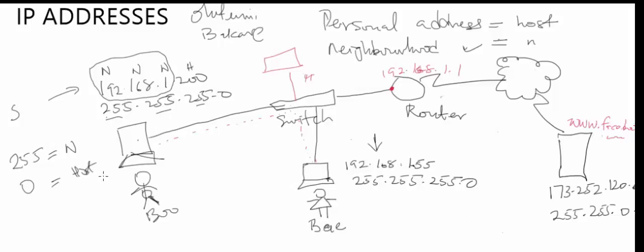So going back to our theory, the destination IP address in this case is going to be what? 173.252.120.68. So my computer now tries to ping 173.252.